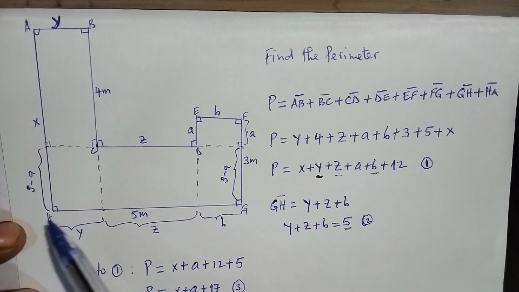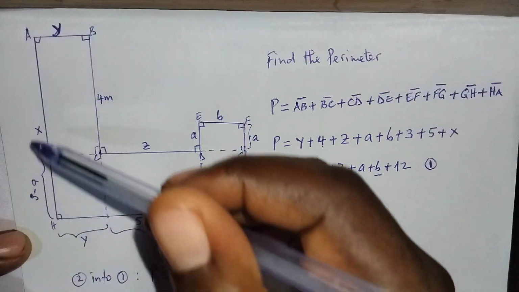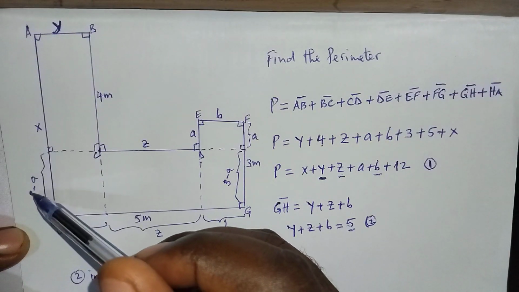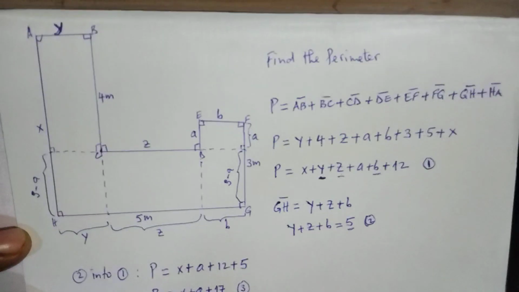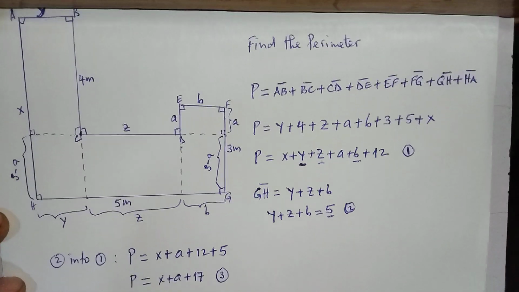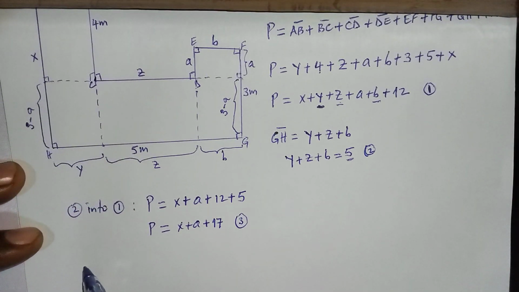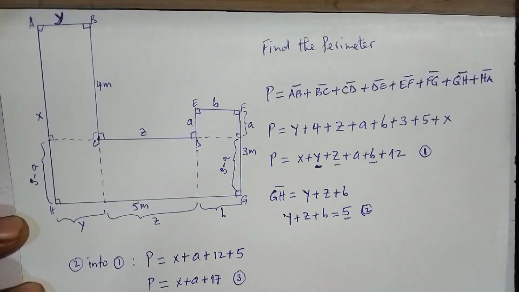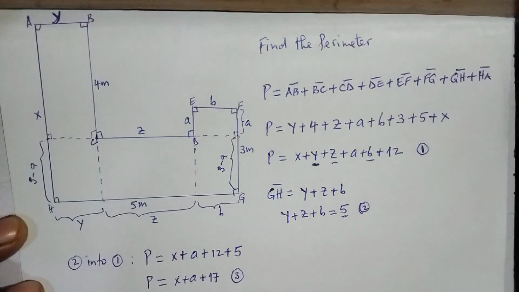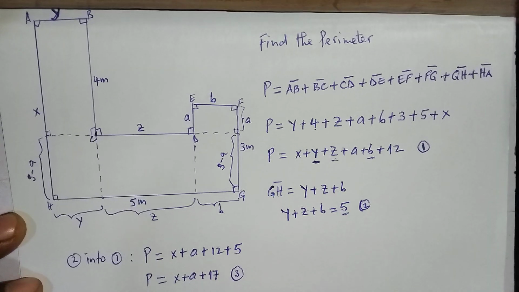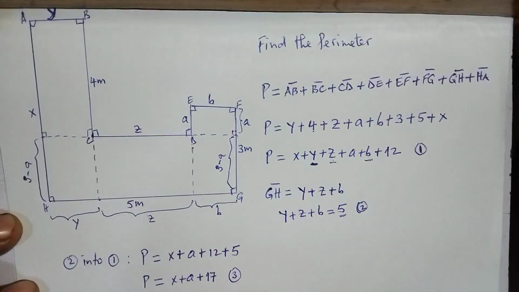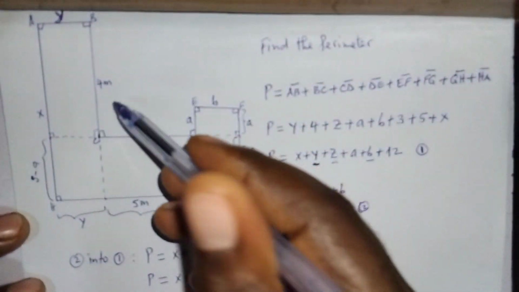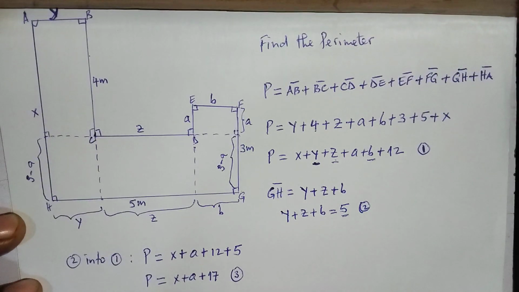Yes, so this side HA is equal to this side plus this. Side HA is equal to this side, 3 minus a, then plus this side, which is equal to this, plus 4.